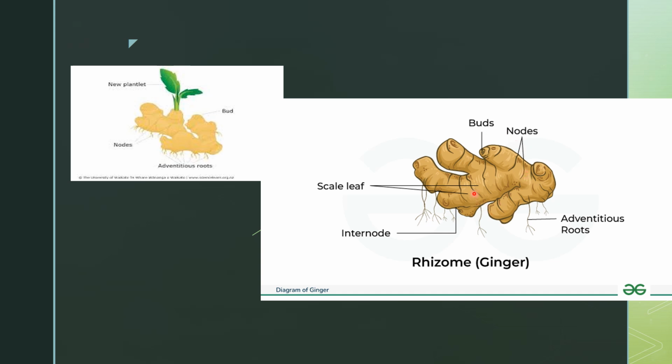You can observe the nodes, the buds, the scale leaves, the internodes, and the adventitious roots. If you have ginger at home, you can take one and examine all these parts.